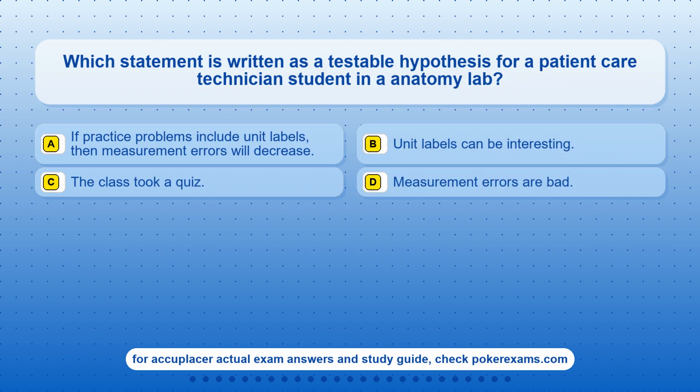Question 13. Which statement is written as a testable hypothesis for a patient care technician student in an anatomy lab? Option A. If practice problems include unit labels, then measurement errors will decrease. Option B. Unit labels can be interesting. Option C. The class took a quiz. Option D. Measurement errors are bad.